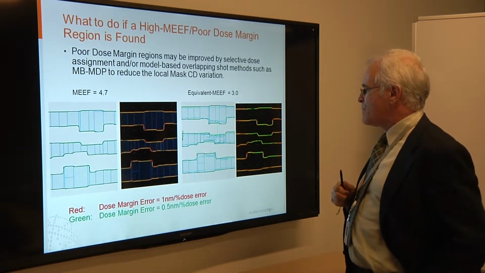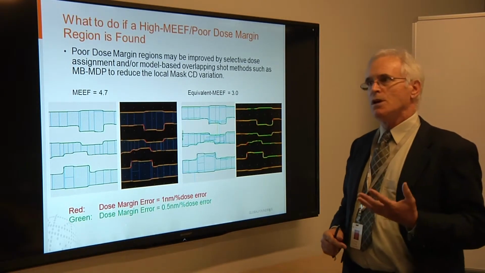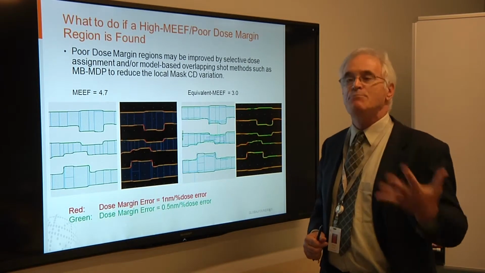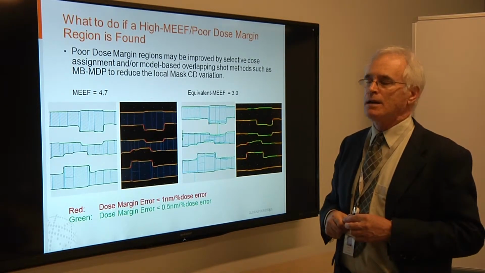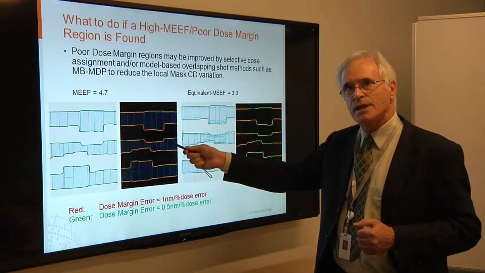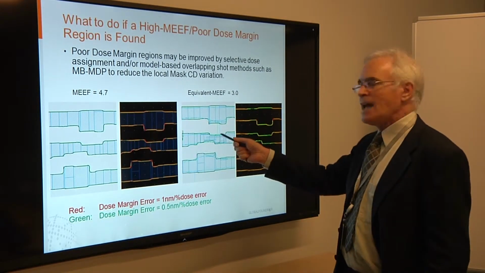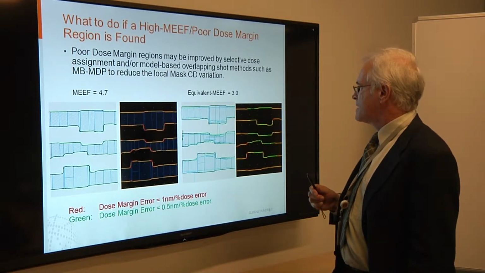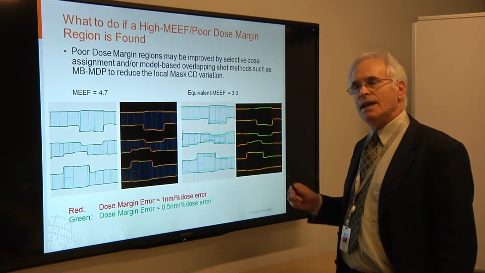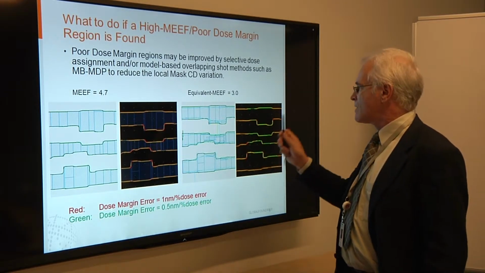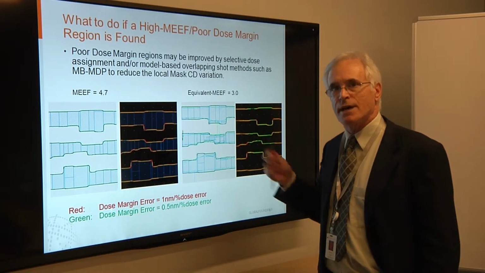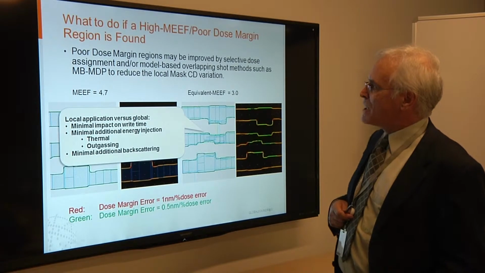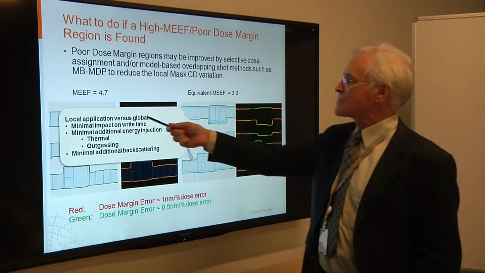So you'll see that the benefit is in regions where you have high MEF, you're able to also find if it has high inherent mask variability. We can locally add features to improve the dose slope and thereby improve not only the mask variability, but the wafer variability in regions where it really matters. So there's some benefits to local application versus global.